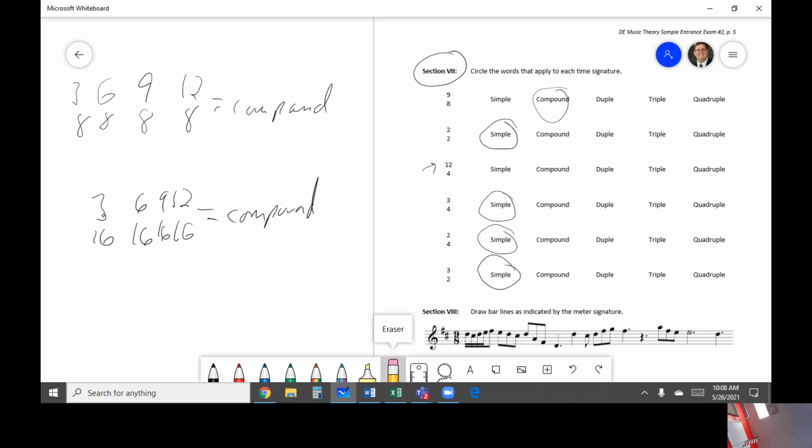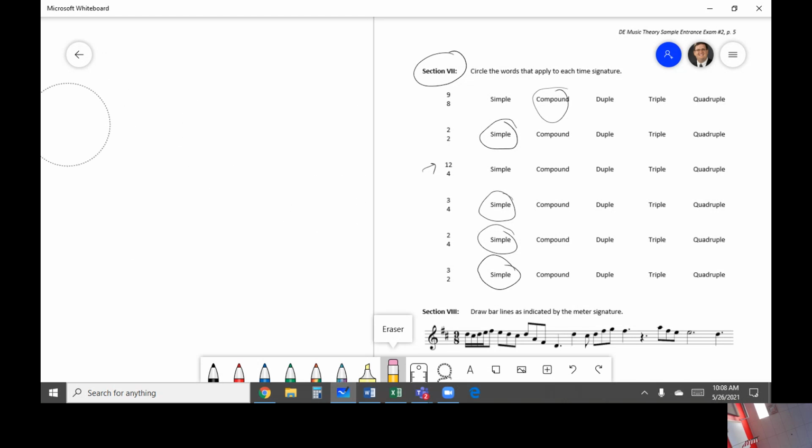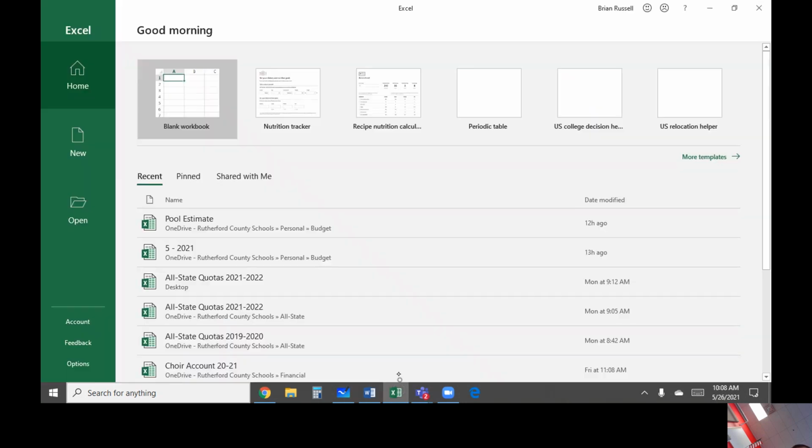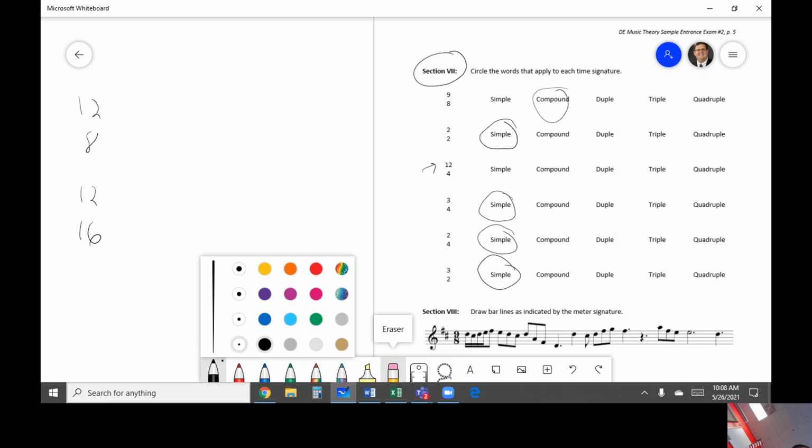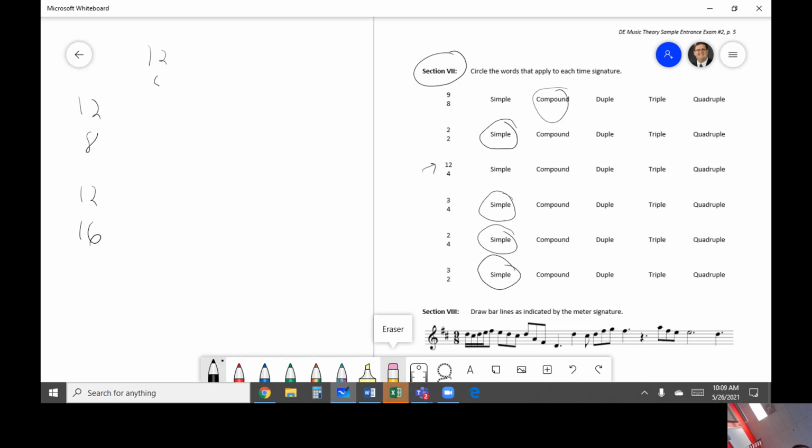Let's talk about 12-4. Do you remember how 12-8 is compound? 12-16 is compound? 12-4, sorry. 12-4 is going to function just like 12-8.